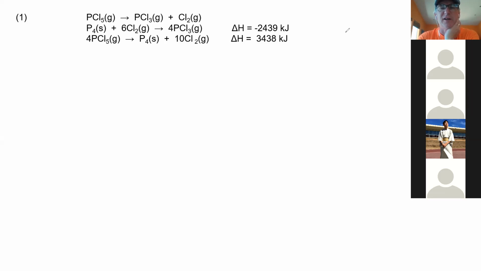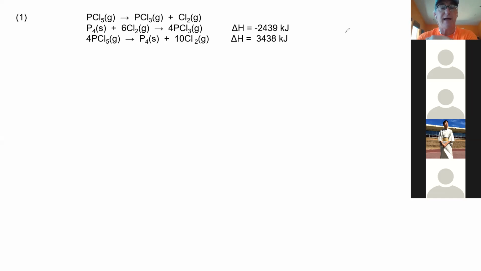What's the very first thing you want to do? Look for the substance that we want to eliminate from the system of equations. Okay. So we can see that the equation we want doesn't have P4. Yes, we will do something about it, but I don't think it's the first thing you want to do.